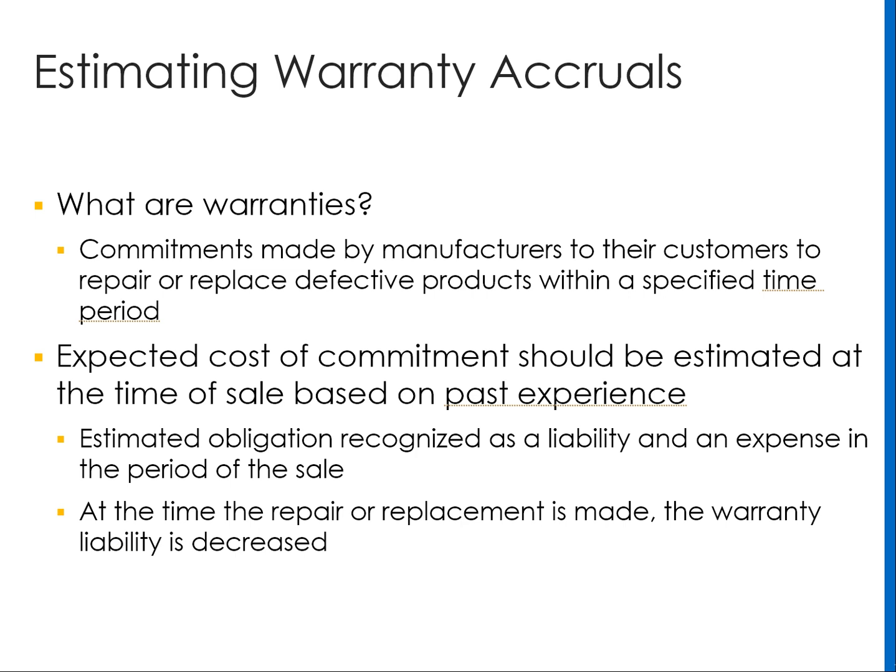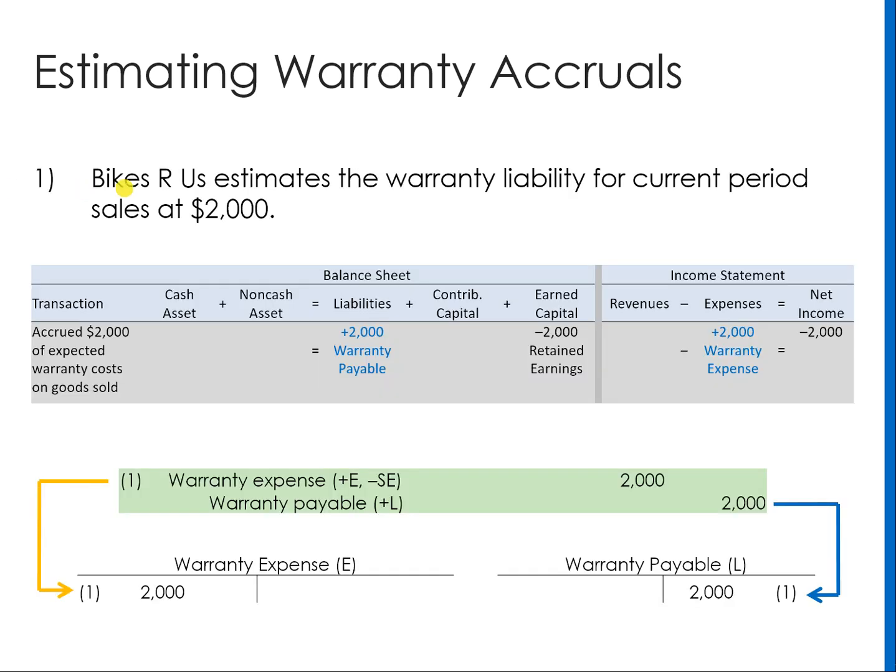Okay, here we have an example of warranty. So the company estimates warranty liabilities for current period sales, $2,000. Okay, that covers all the factual warranty related to this year's sales. A debit to warranty expense and a credit to warranty payable.